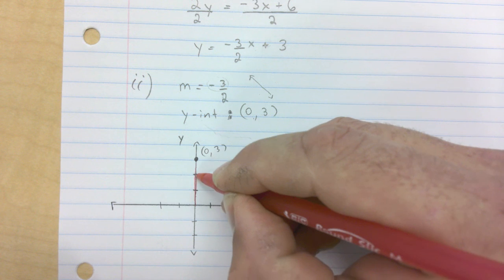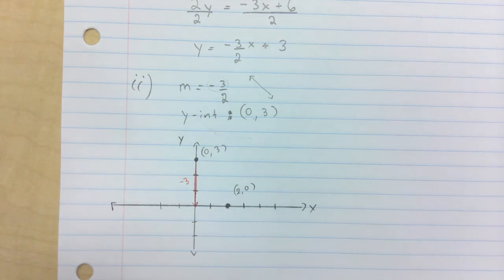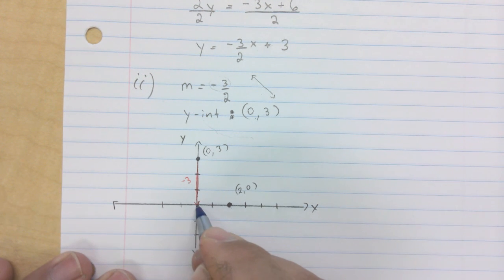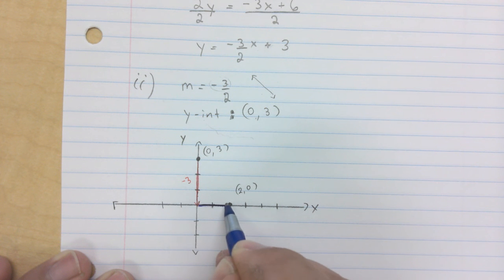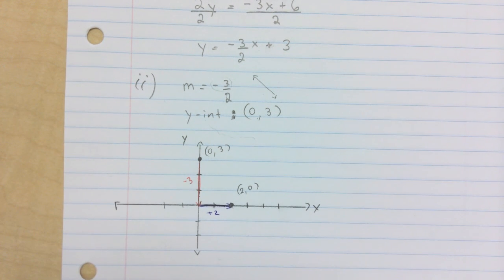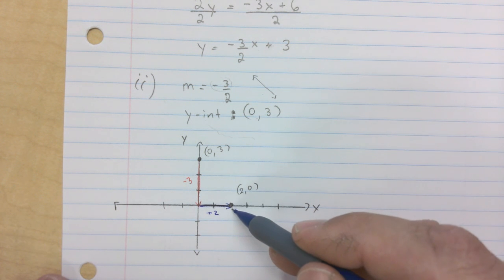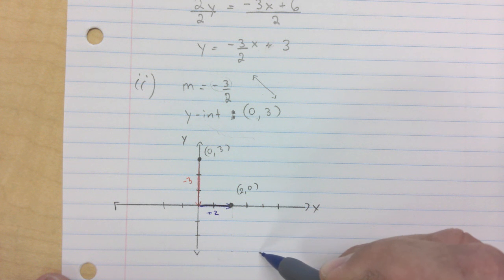So (0, 3), and if you want different colors, you just make a note here that you're going down 3 and you're going over 2, okay? So you keep going, right? So you go 1, 2, 3, 1, 2.